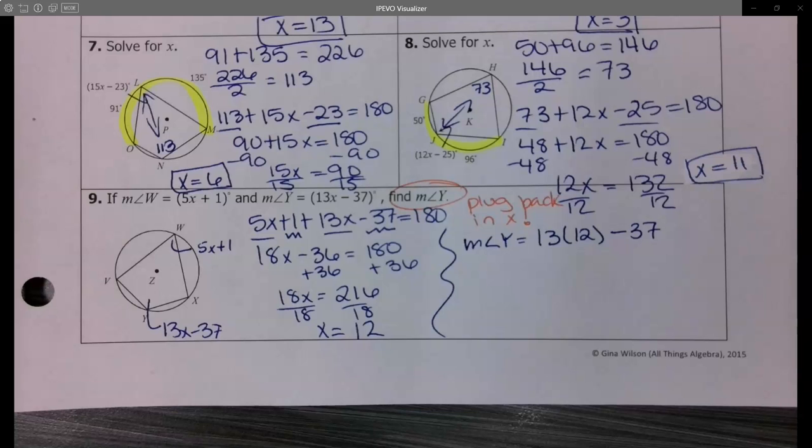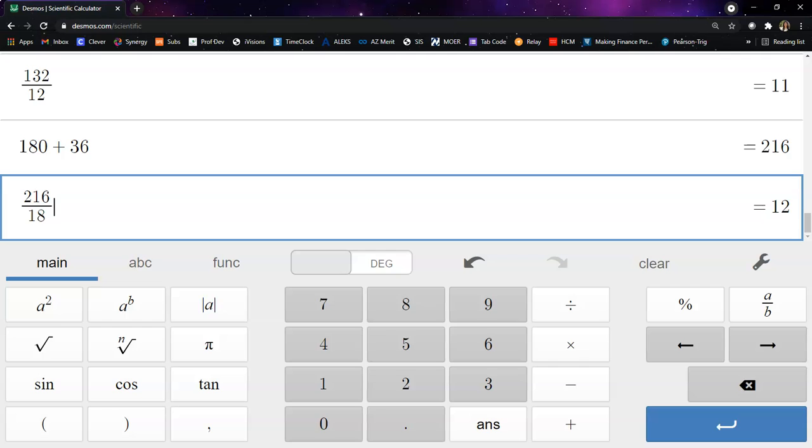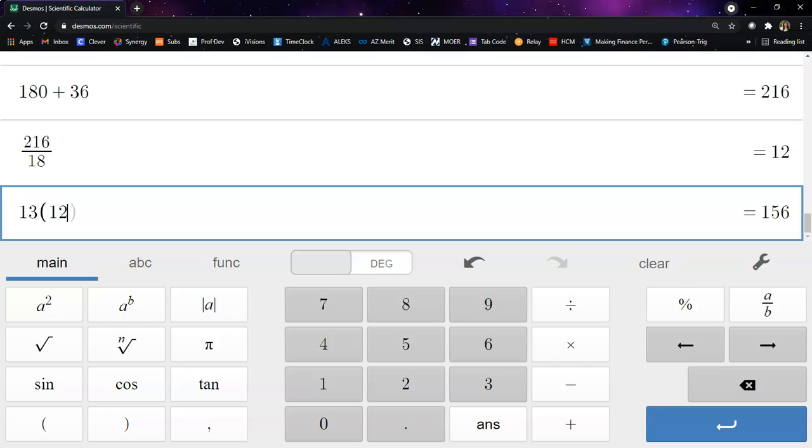Then I can go into Desmos, and I can type this entire thing in there. So I can do 13 times 12 minus 37, which gives me my final answer of 119.